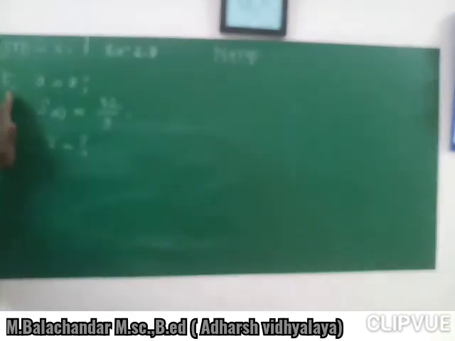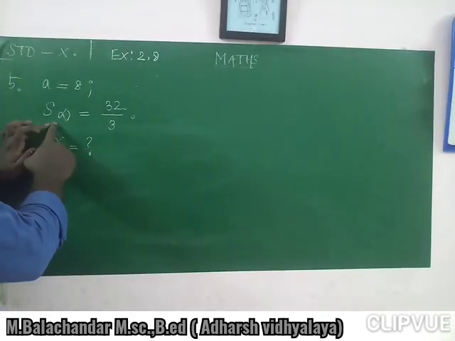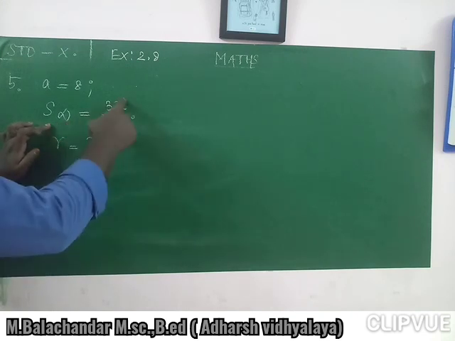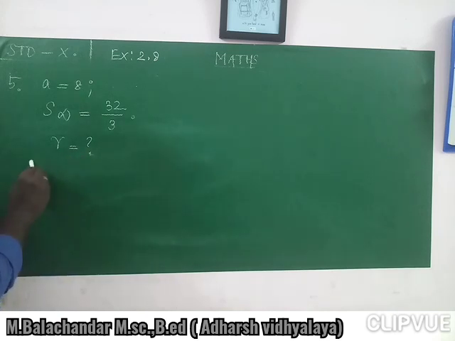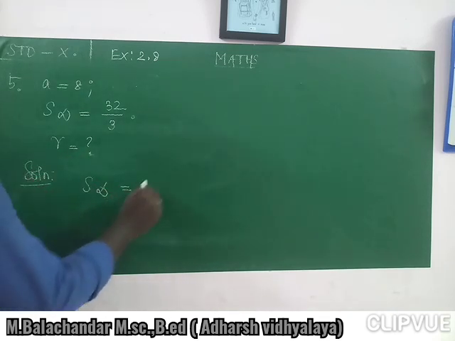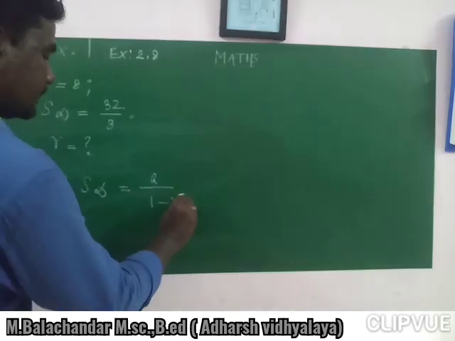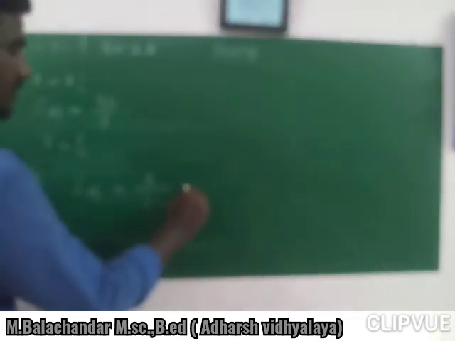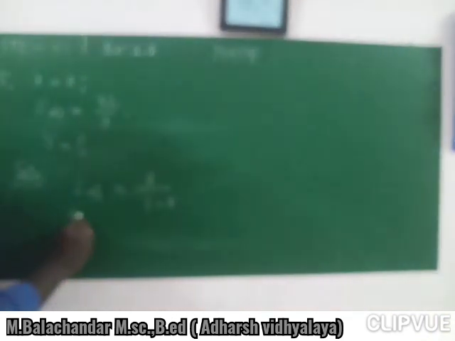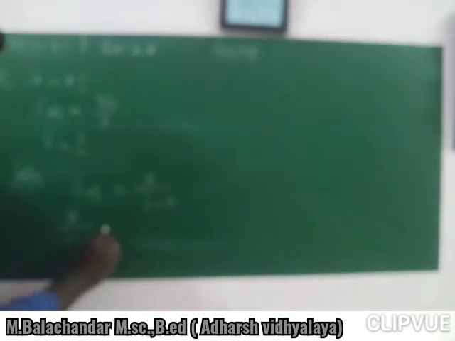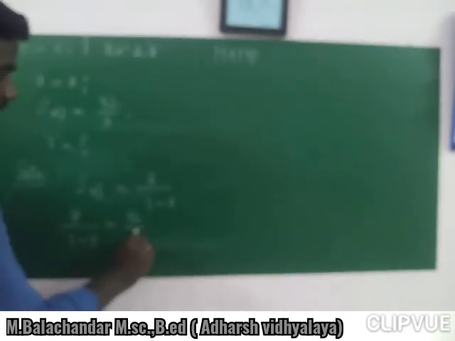Question number 5. The sum to infinite terms of the GP, S infinity, equals 32 by 3 and a is equal to 8. What is the value of r? Solution. We know the S infinity formula, that is a by 1 minus r. Here a by 1 minus r is given as 32 by 3. So a value is 8 divided by 1 minus r equal to 32 by 3.